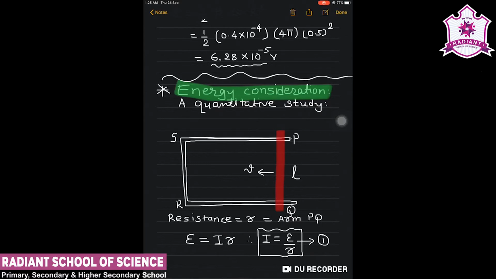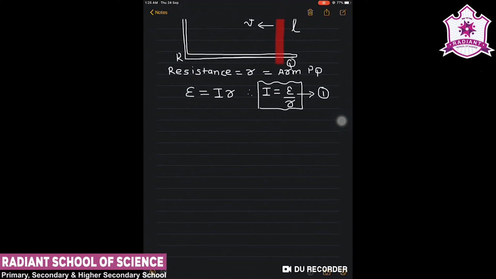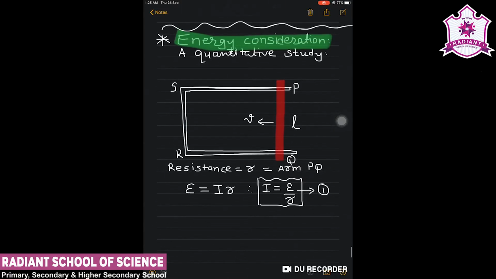Now we know that the force exerted by the magnetic field is I L cross B, and here the rod is kept in such a way that the magnetic field in this region is uniform and going inward, as shown by the cross symbol.